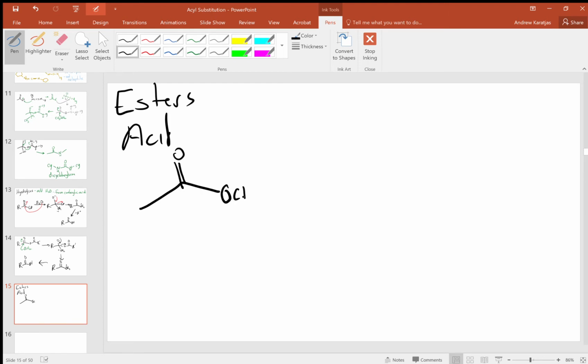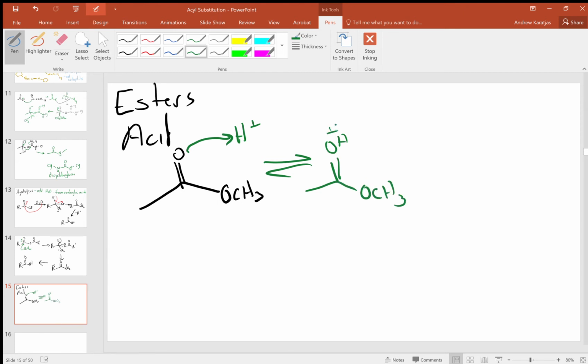Now, you should recognize as we go through this mechanism that these steps should look very, very familiar to us. In the first step, under acidic conditions, we know that a carbonyl will protonate. That's what activates it for nucleophilic attack. We needed to activate it in this case because we have a weak nucleophile, which is water.